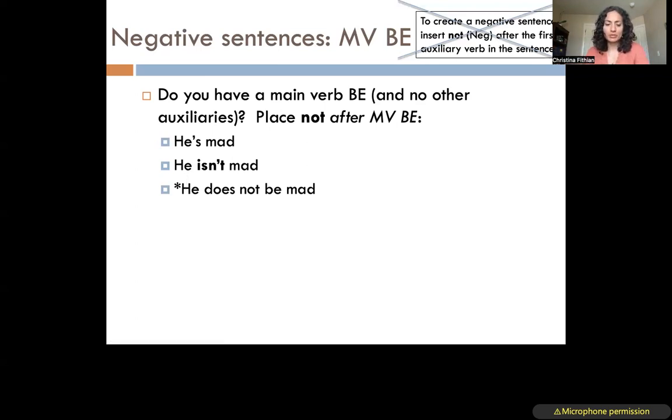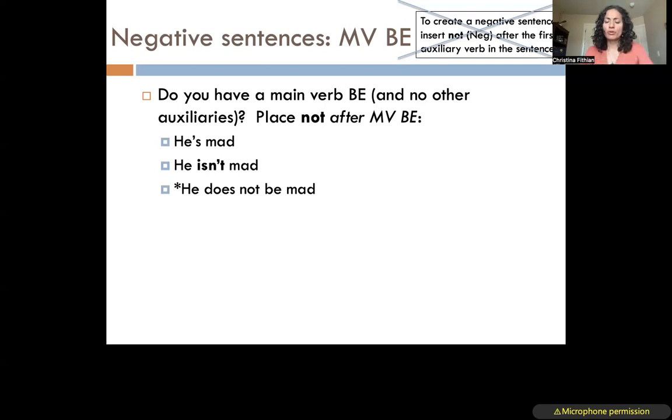Now that's interesting, because again, if we were to follow our negative rule, we would negate "he is mad." Well, there's only one verb there, and that is the verb be, main verb be. And so I know by my auxiliary rule that if I only have a main verb and no other auxiliaries, I have to create do.